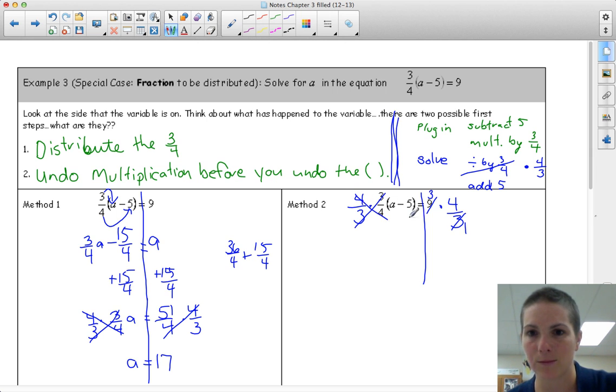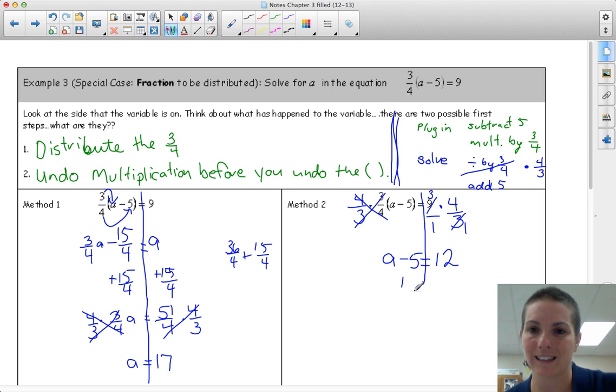So I now have 1 times the quantity a minus 5, which leaves me with just a minus 5 is equal to 3 times 4 is 12. Remember, that's really over 1, right? 9/1, or now 3/1. So 12/1 is just 12, because I multiplied 3 times 4.